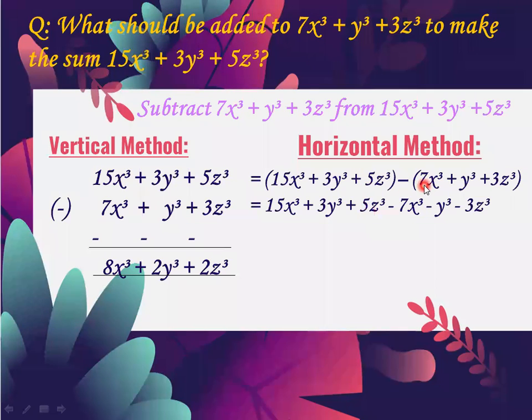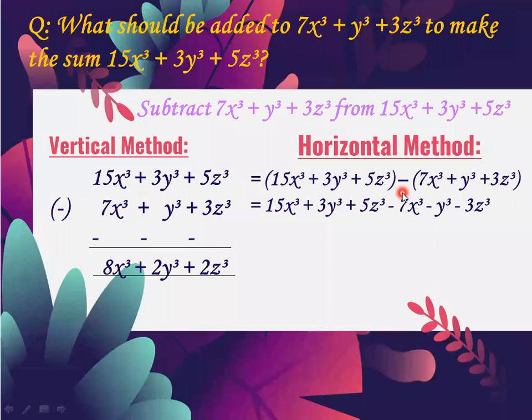Then you will write minus 7x cube, minus plus will become minus y cube, and then minus plus will become minus 3z cube. Means you will multiply the sign with the inside sign, or simply write the additive inverse of these signs. This plus has now become minus, this plus has now become minus. Why? Because this bracket has a minus sign.